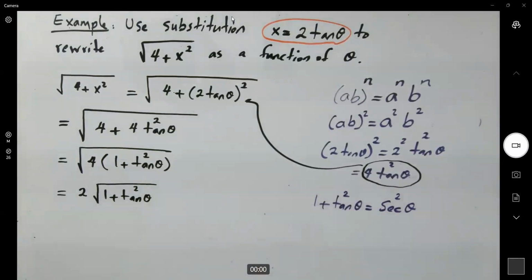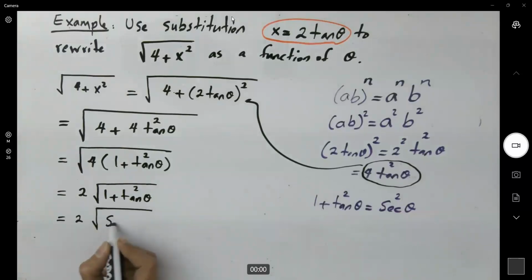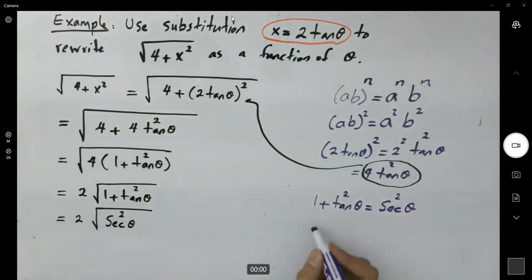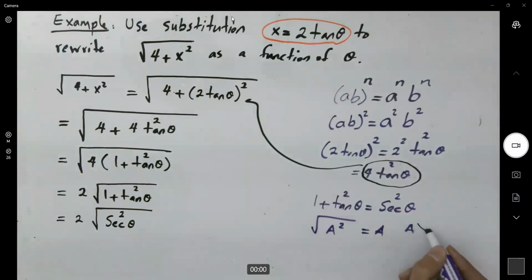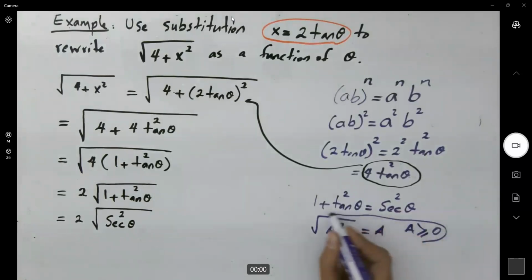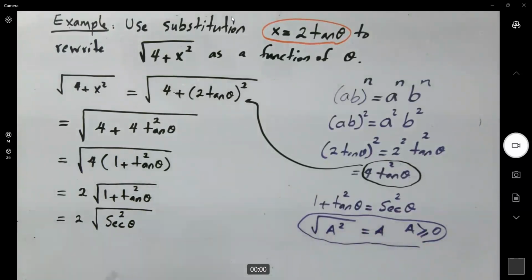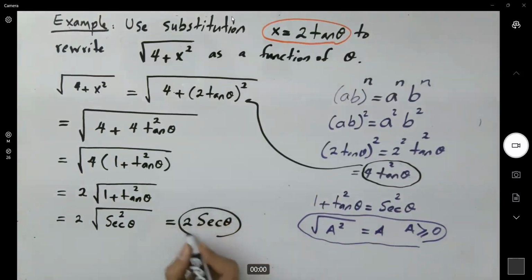This guy becomes 2 times the square root of secant squared of theta. But the square root of a squared is just a. This is from algebra. If a is positive, am I right? If a is positive. So this guy becomes 2 times secant of theta.